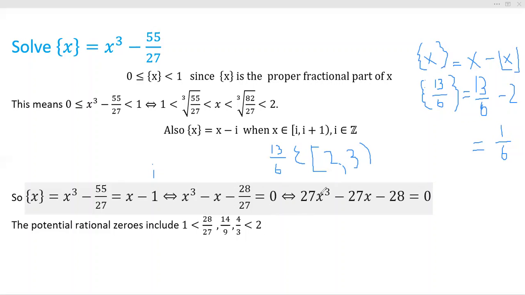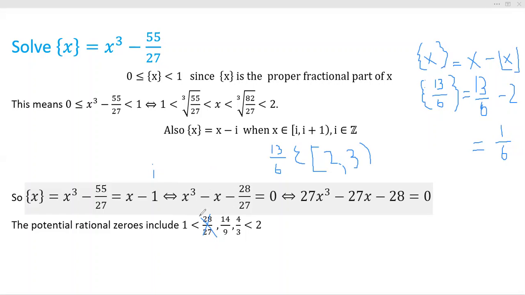Rewriting it like this, we get this cubic, and we can write down the potential rational zeros based on the rational zero theorem. Remember, any rational zero, the numerator has to be a divisor of the constant term, and the denominator has to be a divisor of the leading coefficient. Now, I think 28 over 27 can be crossed out because it's a smaller number than the cube root of 55 over 27. You can check it if you don't believe it, but it looks like 14 over 9 and 4 over 3 are still in this interval right here, okay?